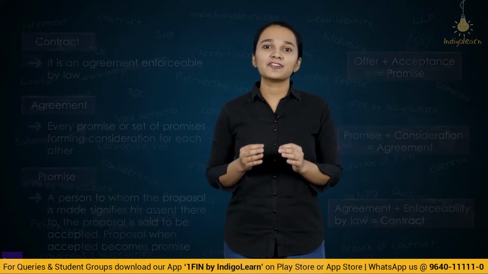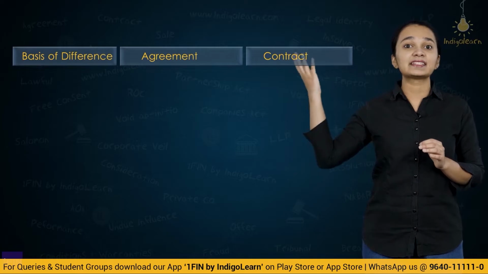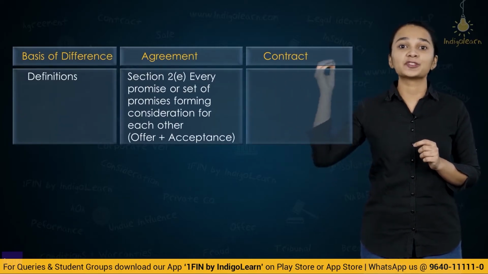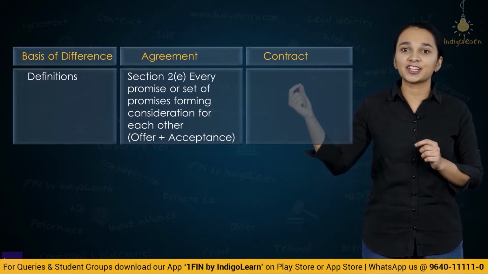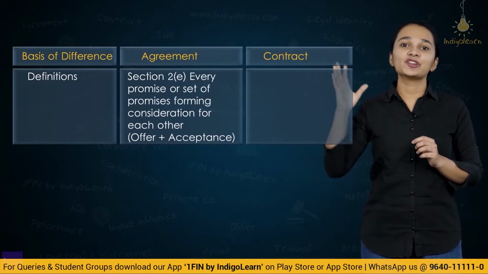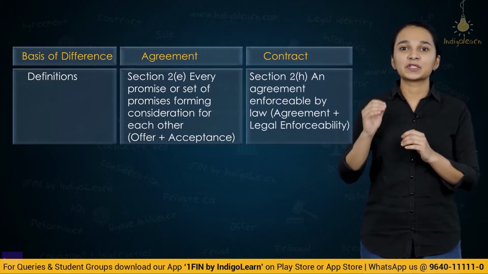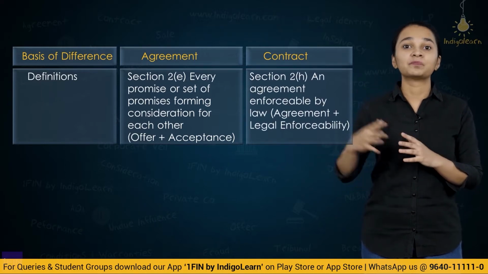After this, we have understood what are the differences between an agreement and a contract. An agreement is defined in Section 2 clause (e) of the Indian Contract Act as a promise or set of promises forming consideration for each other, whereas a contract is defined in Section 2 clause (h), which says it is an agreement which is enforceable by law.